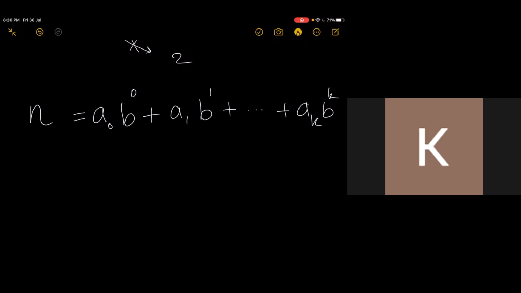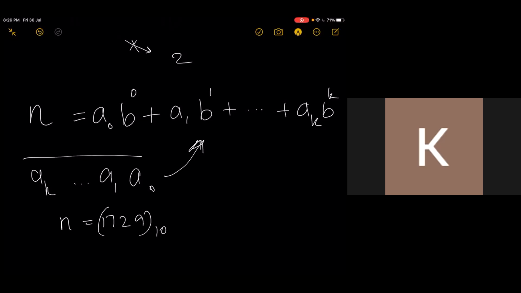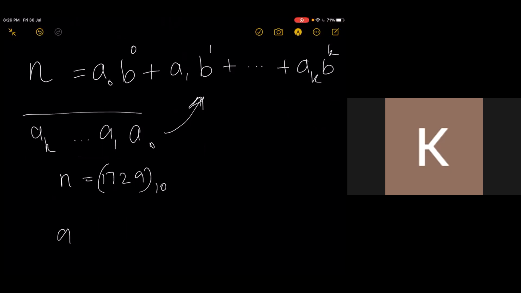Basically, if this is the number representation a0, a1, ..., ak, then if you multiply everything and expand, this is basically it. For example, if n equals 1729 base 10, then it is 9 into 10 to the power 0 plus 2 into 10 to the power 1 plus 7 into 10 square plus 1 into 10 cube.